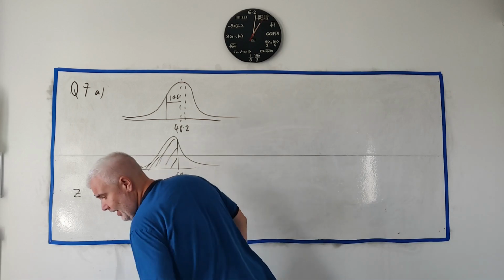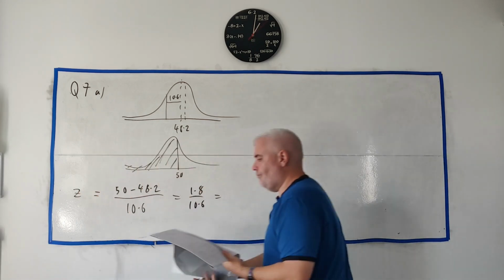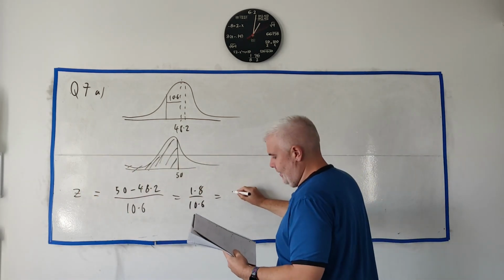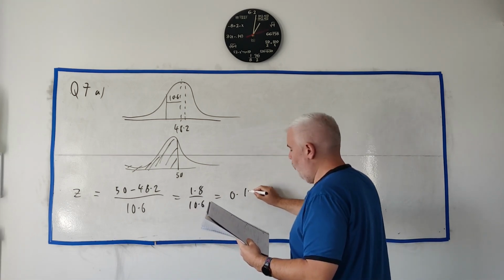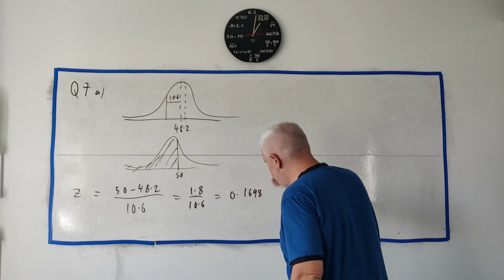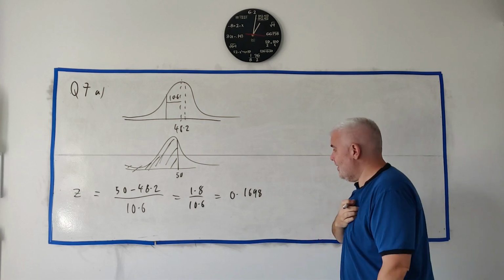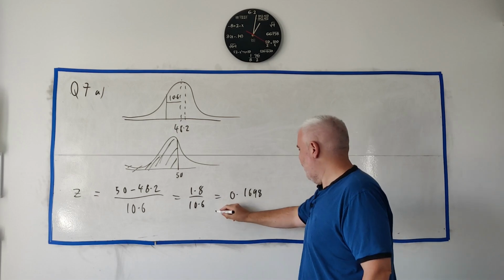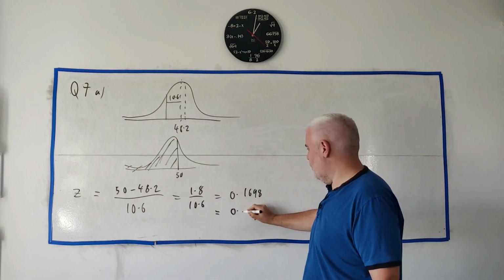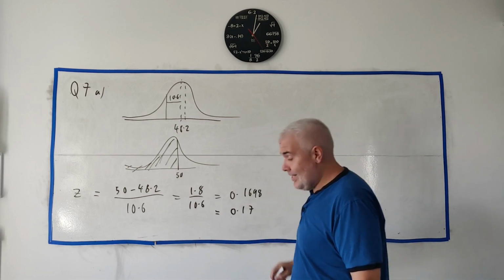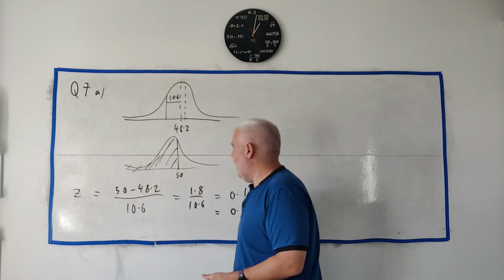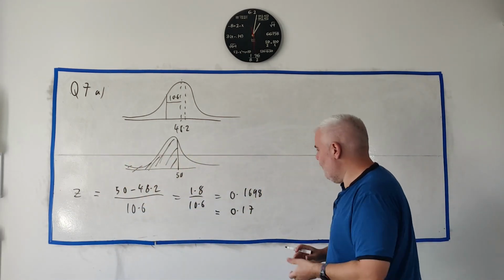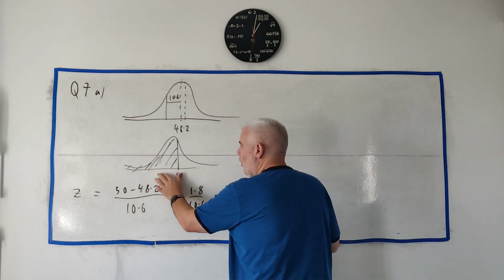It's just divide that in and we get 0.1698. That's it. That's the Z score. Our tables book where we're going to look it up only deals in 2 decimal places, so 0.17. Yeah, hopefully that was clear what I'm doing here with the Z score.